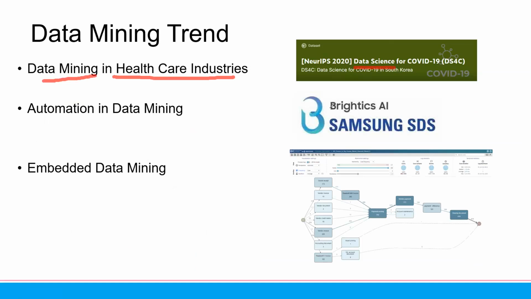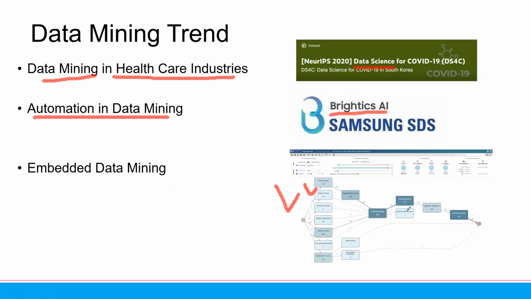So for example, this is an example from Samsung SDS. They have the Predix AI. Okay? So they want to create automation in data mining. What you did now with Orange is a kind of automation because you can create the workflow. Okay? So you can create the workflow, and then you can do something.